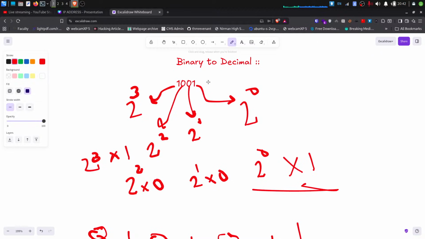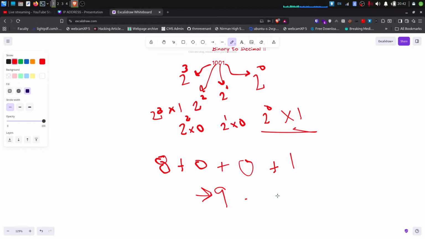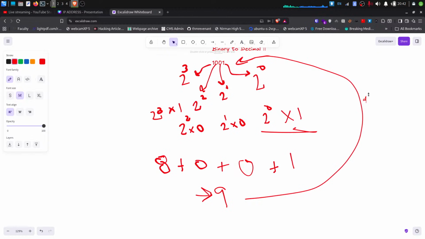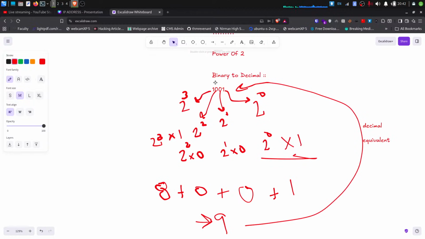So this binary is converted, or we can say this binary has a decimal equivalent. I can write this term decimal equivalent for this thing, this binary.